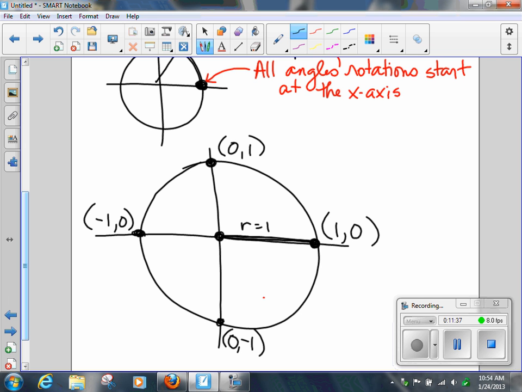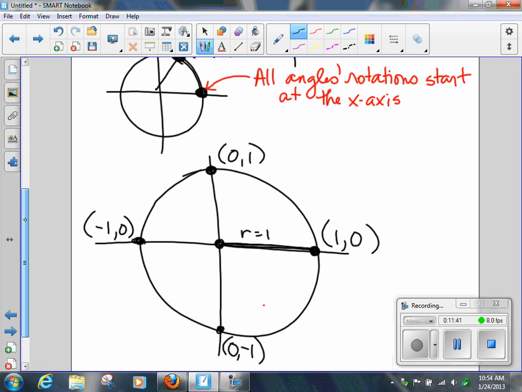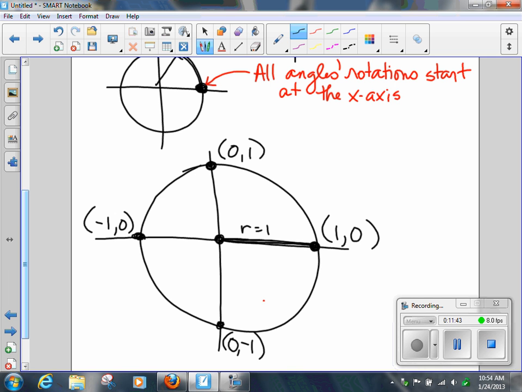Now, we talked about rotation. So all angles rotation start at the x-axis. So they all start right here. Just want to throw this out. If it rotates up, do you think that would be a positive or a negative angle? Come on, common sense. Positive.